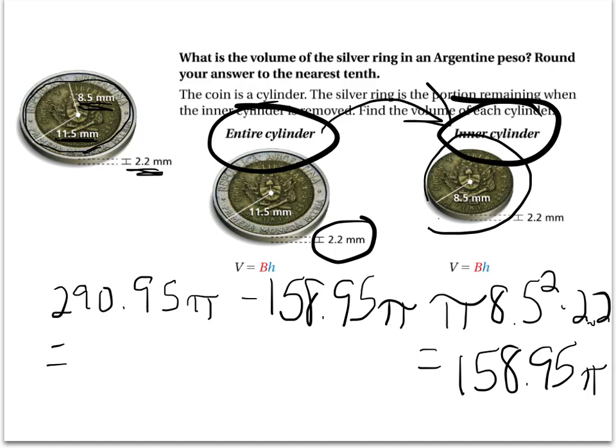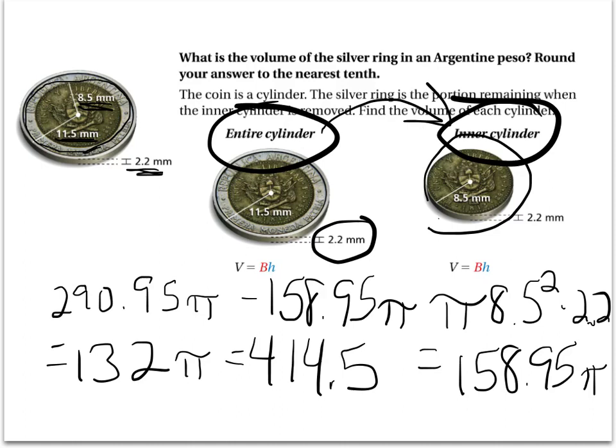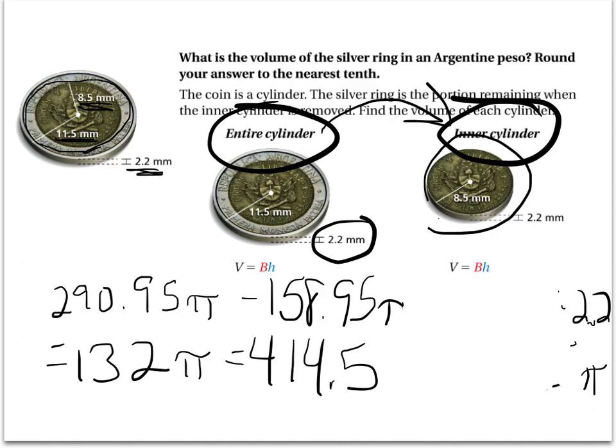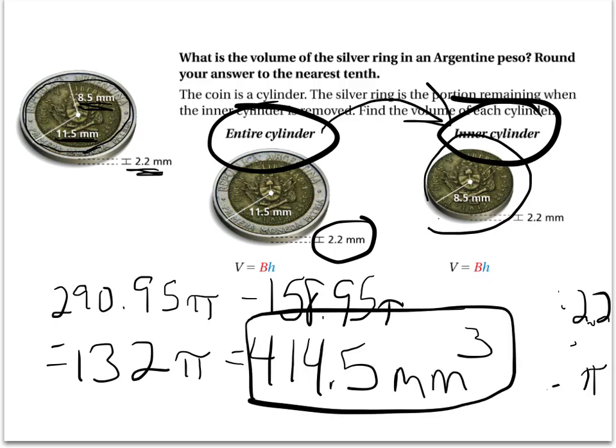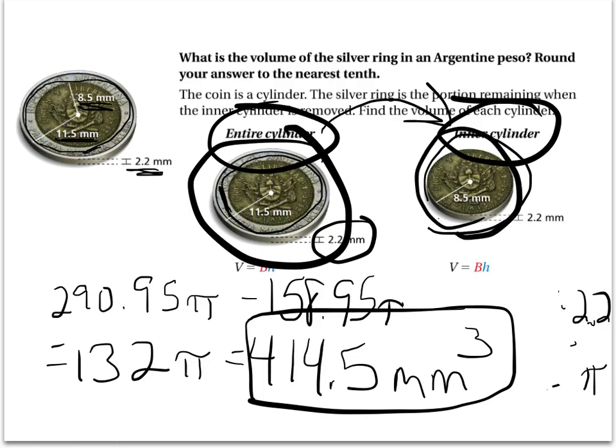That gets me 132 pi, which when you multiply those out gets you 414.5, and that would be, of course, millimeters cubed. So what have I just found? I have just found this thing right here, the volume of that, because I found the entire thing and subtracted away the middle. That gives me the silver ring on the outside.